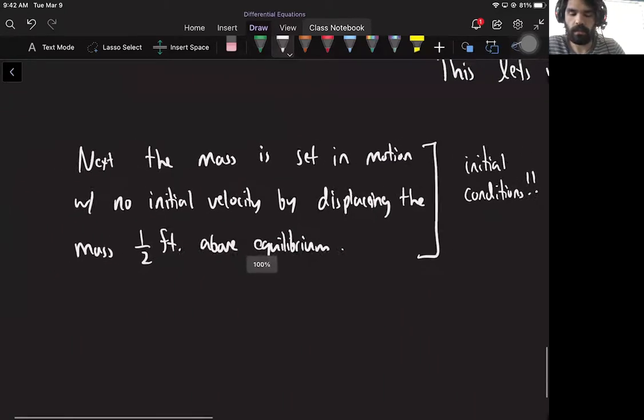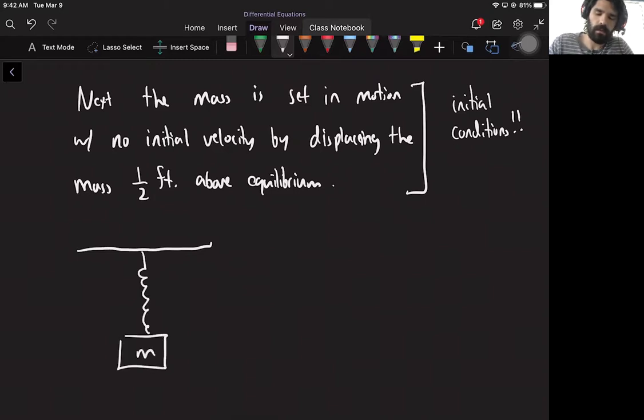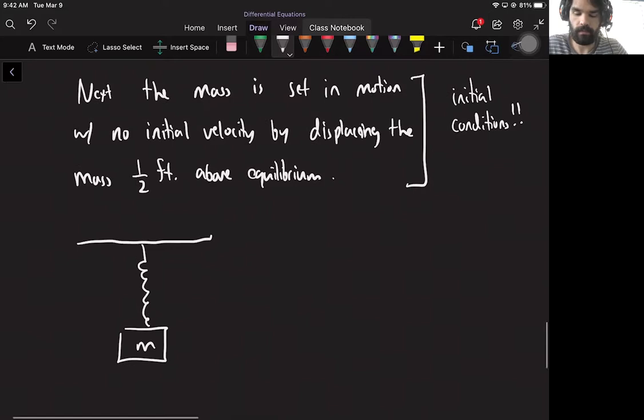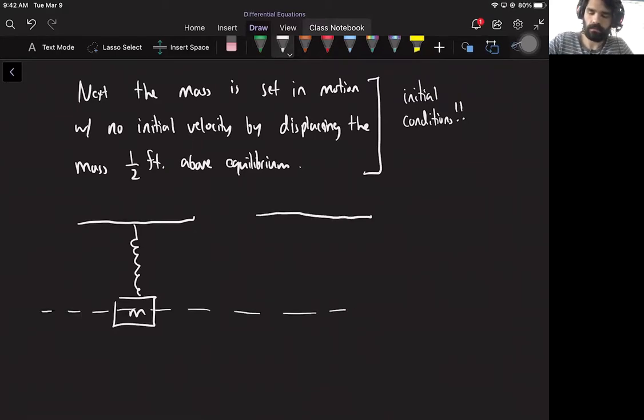Because what's going on is I'm determining the position that the mass will start at to set it in motion, and I'm also determining how fast I'm going to make it go when it starts. So in this situation, if this is equilibrium, I'm squishing it up a 1/2 foot.